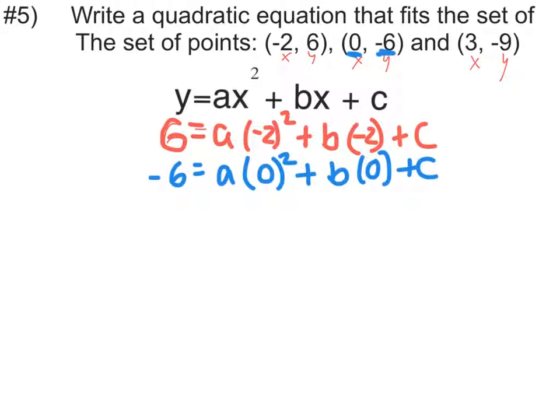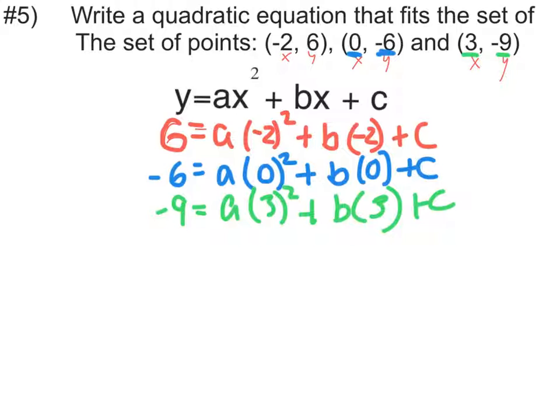And for my third point, let me go for a different color here. I want to take my 3, which is x, and my negative 9, which is y, and plug them in. So instead of y, I have negative 9 equals a times x, which is 3 in this case, squared, plus b times x, which is still 3 in this case, plus c.